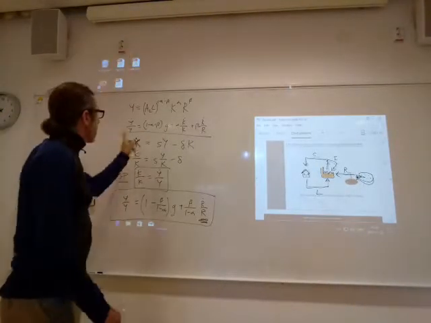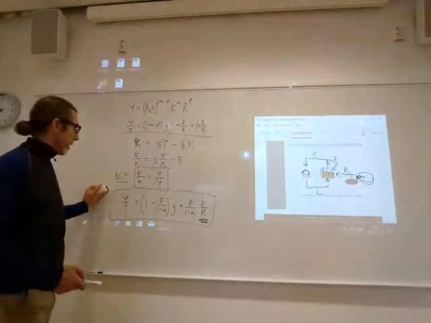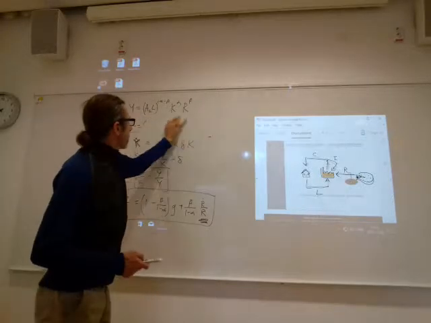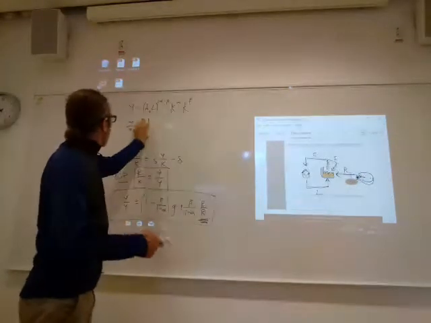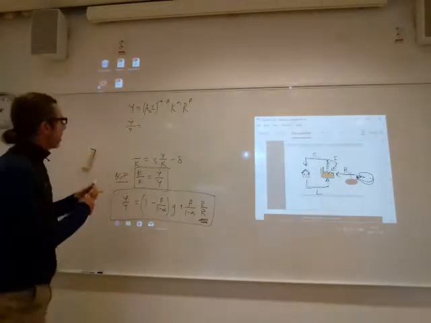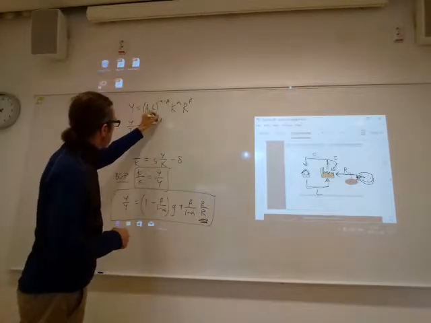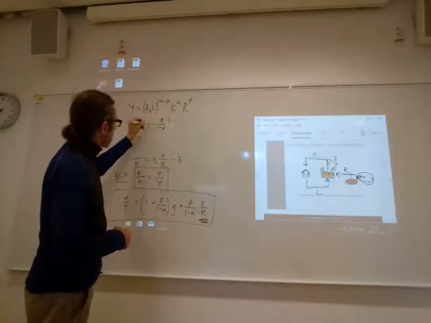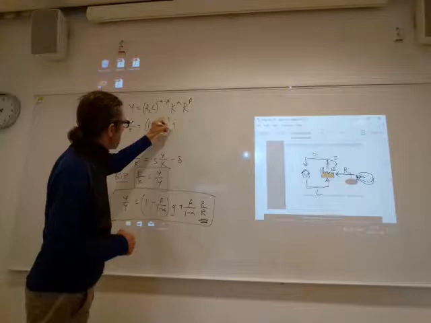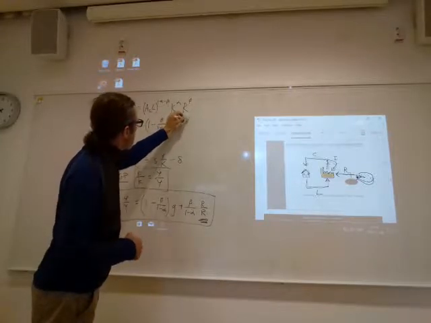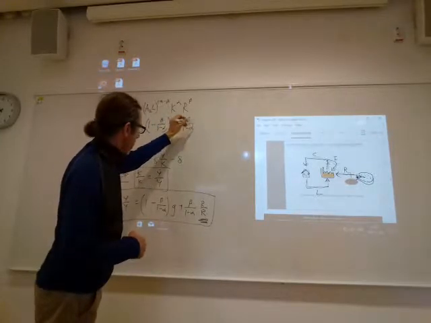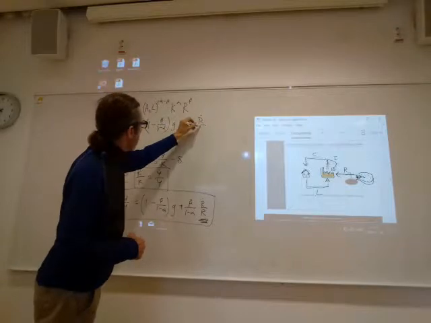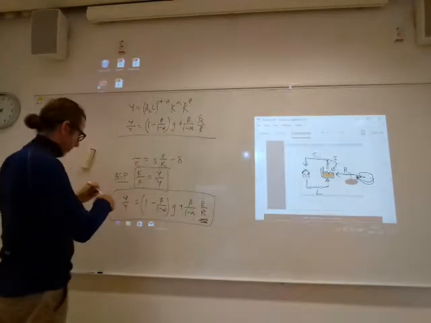Okay, so I'm going to tidy up here, and then I'm going to look at working out r dot over r. So we've got y dot over y is 1 minus beta over 1 minus alpha g plus beta over 1 minus alpha r dot over r.